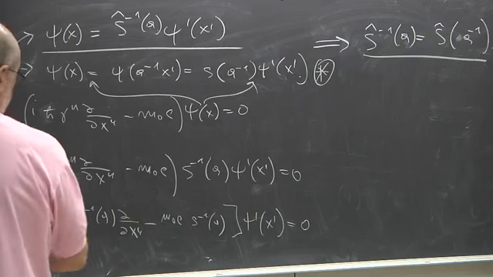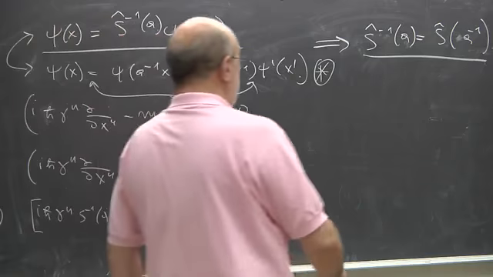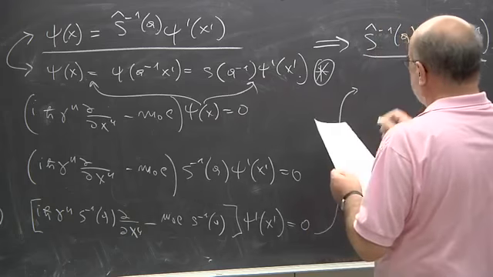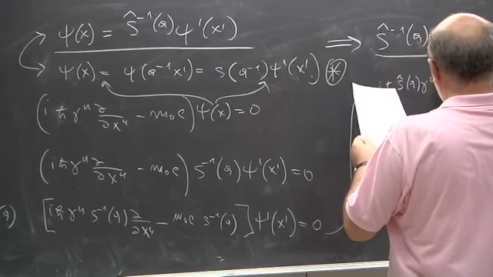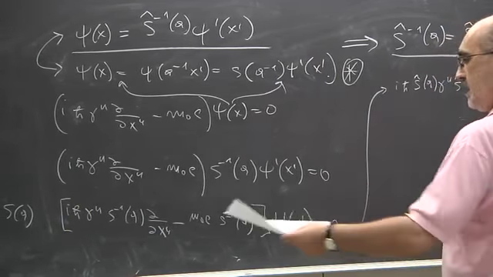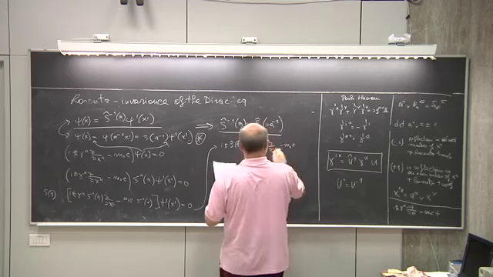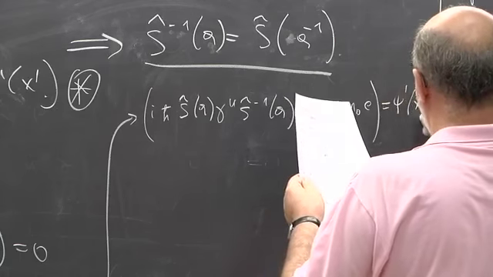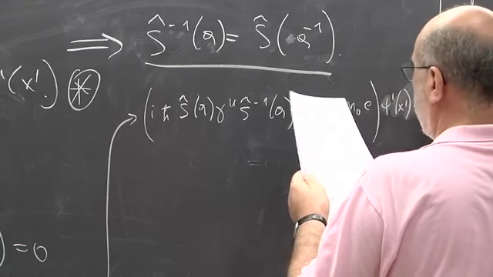Now let's take this equation and let's multiply on the left by S of a. Then what do we get? We get, let's write it here, i h bar S of a gamma mu S minus 1 of a, then d dx mu minus m0 c, applied on psi prime x prime equals 0.